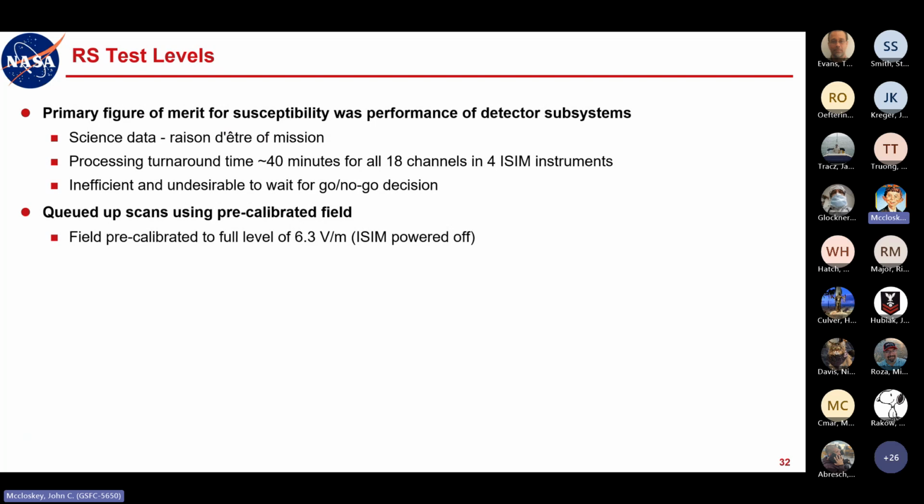What you're looking for is some perturbation from nominal performance, without an applied external field. So you have some baseline performance. They would run FFTs and do statistics on the data. Then you apply the field, and you're looking for significant differences.